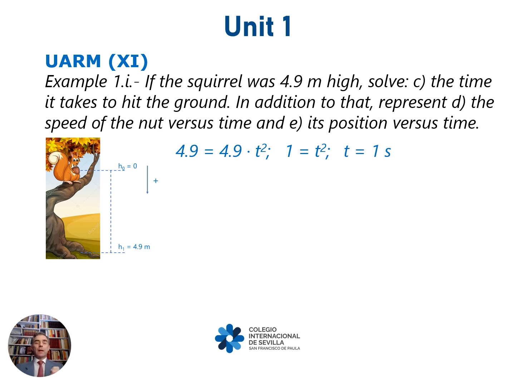Actually, to be precise, what Dr. Mathematics is telling us is t equals plus minus 1 second. Does that make sense? Let's consider for a moment what we are asking Dr. Mathematics.